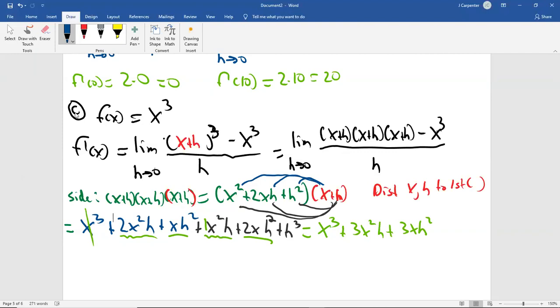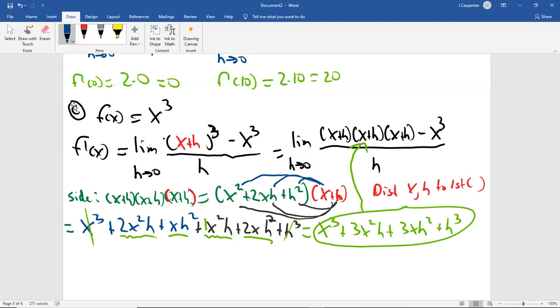And then the h cubed is not like anything. So this right here is what's going to be plugged in to the 3 parentheses being multiplied. I'm going to erase that in just a second. But that was the side work.